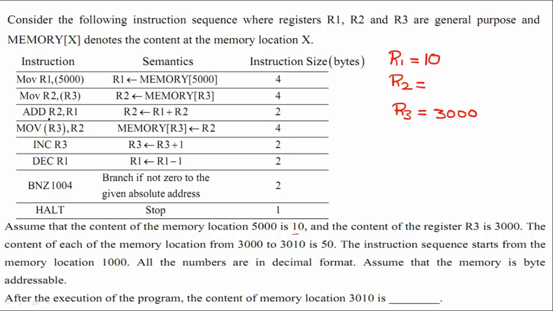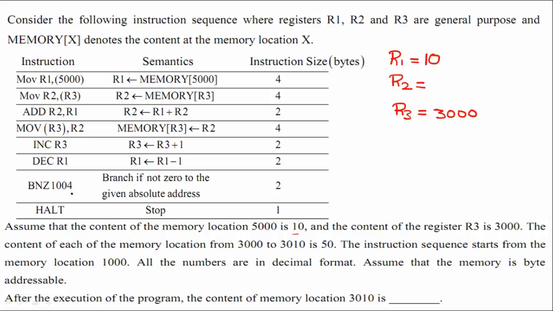After execution of the third instruction, the value of R2 will get transferred to a memory location which is located at the register R3. We're going to understand completely how it is going to get executed, but first of all, let us understand the description of each and every instruction. After which R3 will get incremented, R1 will get decremented.